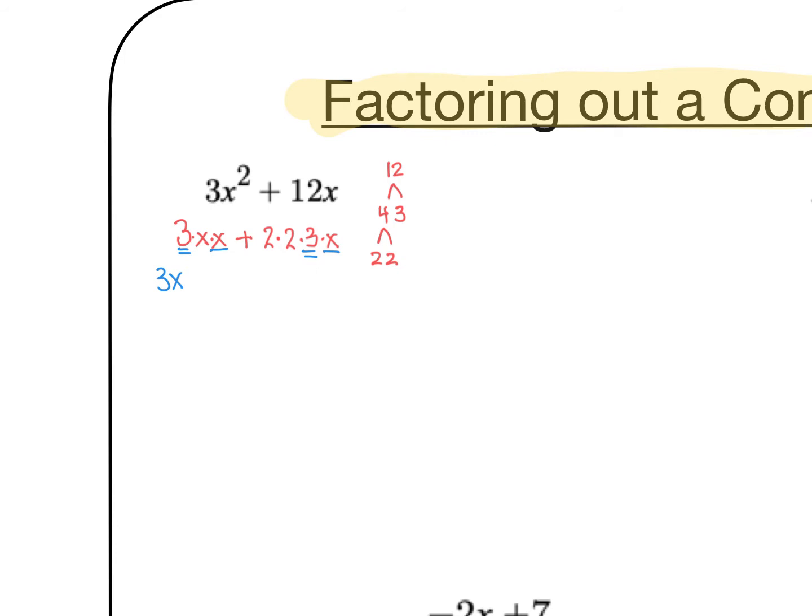Since I don't have anything left in common, what is left is an x, a plus sign, and then 2 times 2 over here, which we know is going to be 4. And so I have successfully factored out a common term, 3x, from the original polynomial right here.